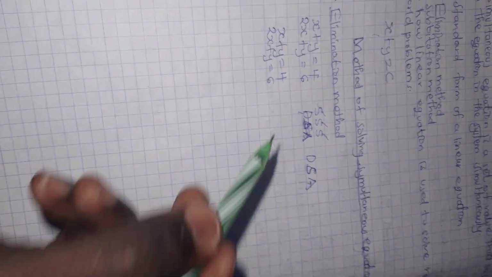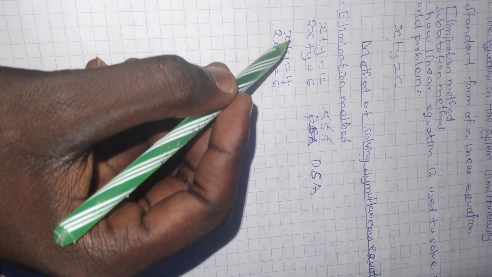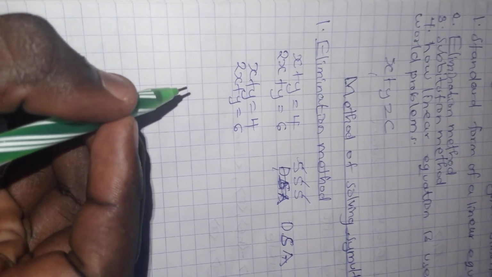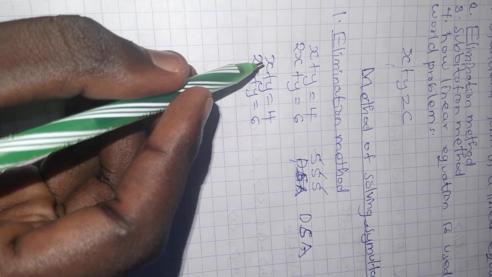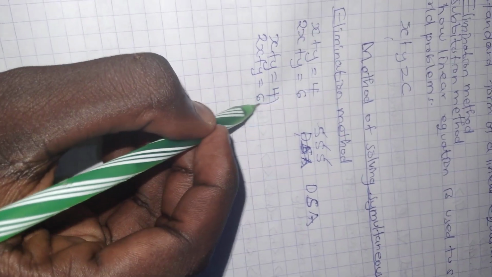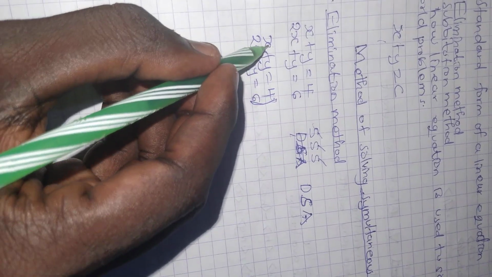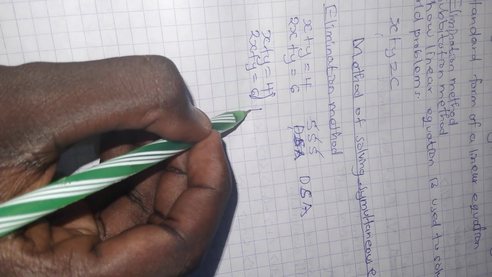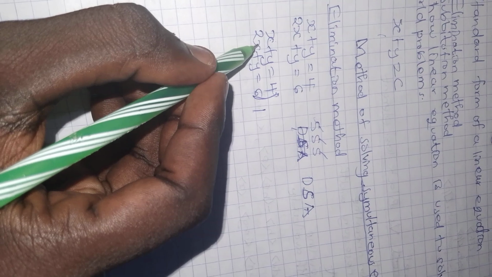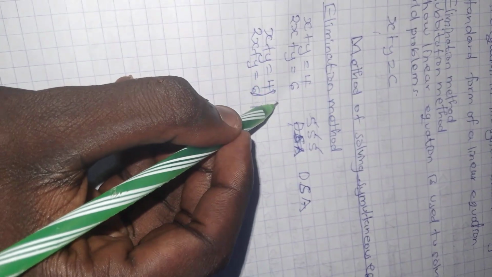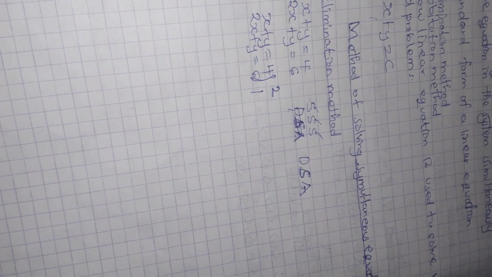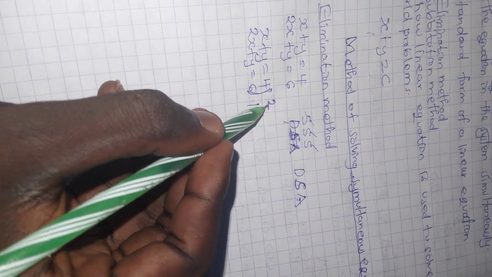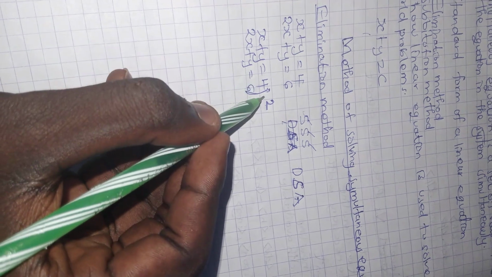The coefficient of x here is 1, and the coefficient of this x is 2. Then you multiply 2 times everything in this row.